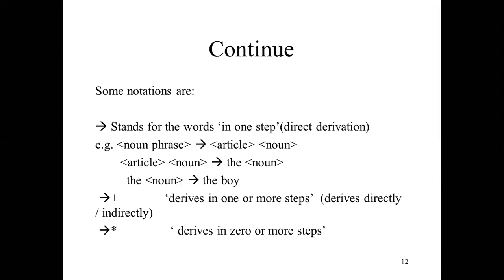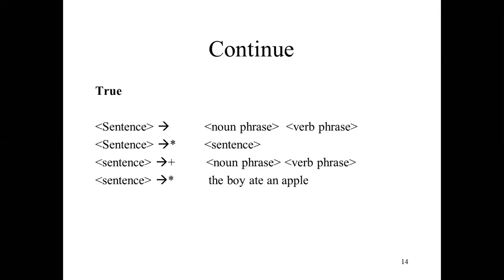Just see here: this derives in 0 or more steps. Sentence, arrow with star, sentence means no change. You can derive this in 0 or more steps.